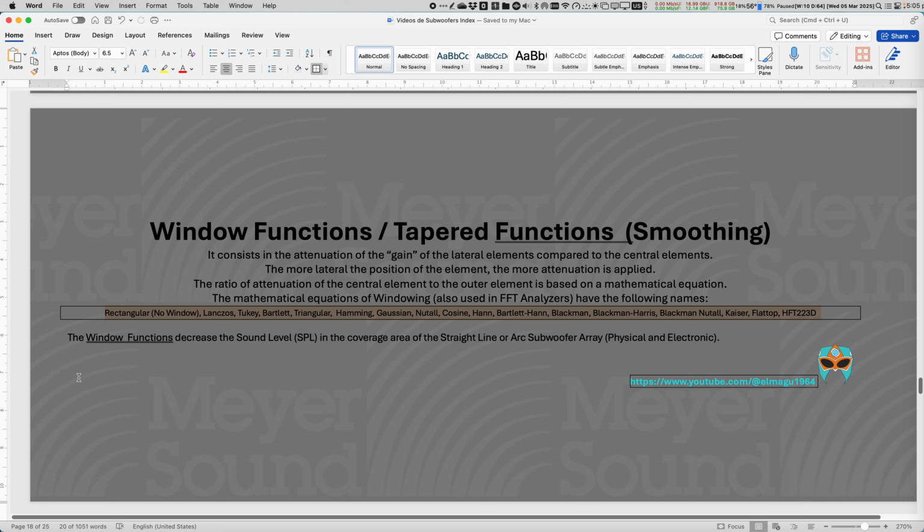Okay. Another important thing with window functions is that they will have an effect in the sound pressure level inside the coverage area. So what we will do now is start to understand window functions.